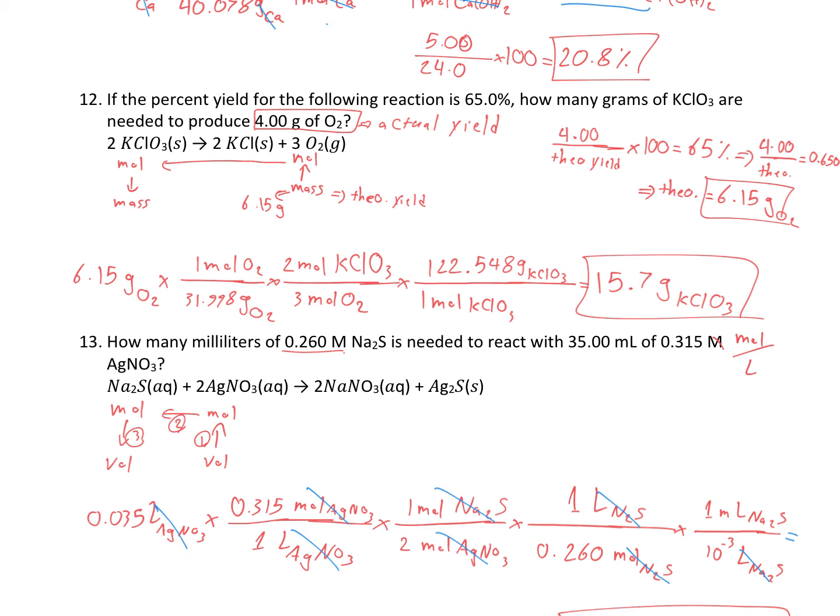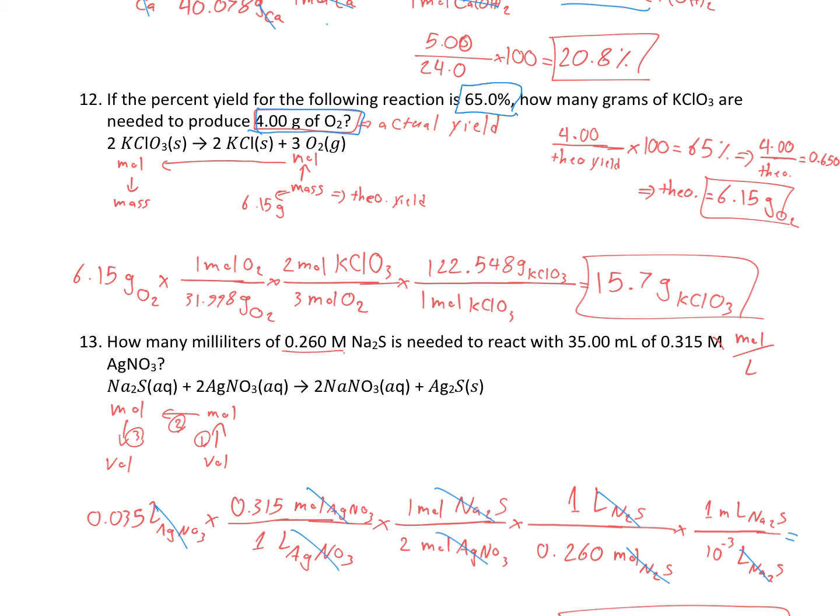So how many grams of KClO3 are needed to produce... So you have the actual yield basically. If you have the percent yield, and you have the mass in the question, that is your actual yield. So you have the actual yield, you need to find the mass of the reactant.